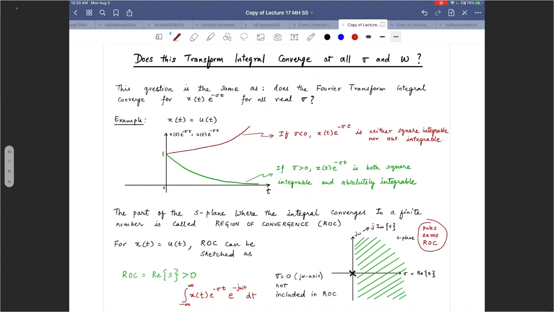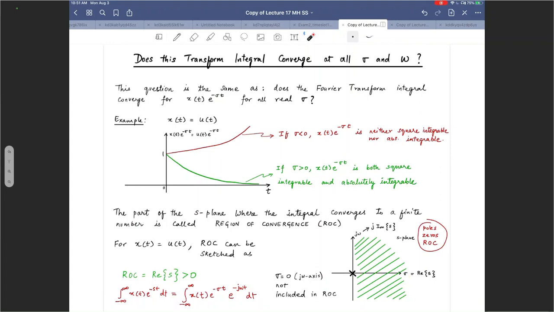That integral is going to converge, which we also can write as integration negative infinity to infinity x of t e to the minus st dt, right? That's the same as that. So this integral will converge as long as sigma is greater than 0, based on this particular discussion. So I've drawn the ROC to the right side of the vertical axis, indicating the region for which sigma is greater than 0.